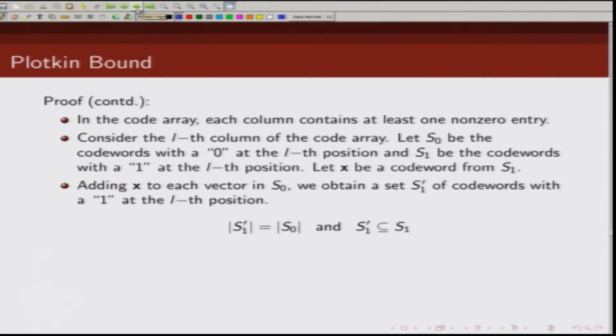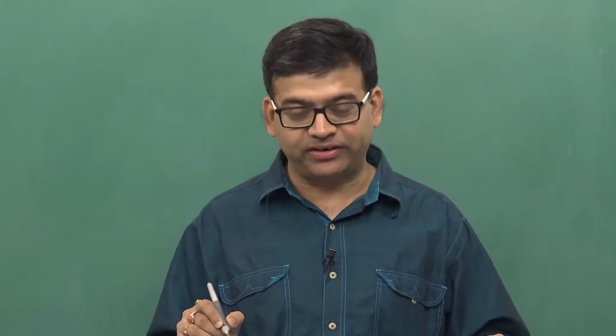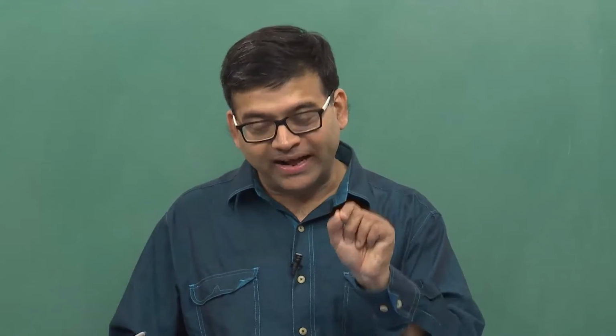Now, if we add X to each vector in this set S0, which has 0 at the ith location, and X, remember, has 1 at the ith location, then because both of them are code words, the sum will be another valid code word which will have 1 at the ith location. Why? Because X has 1 at the ith location and the set S0 has 0 at the ith location.